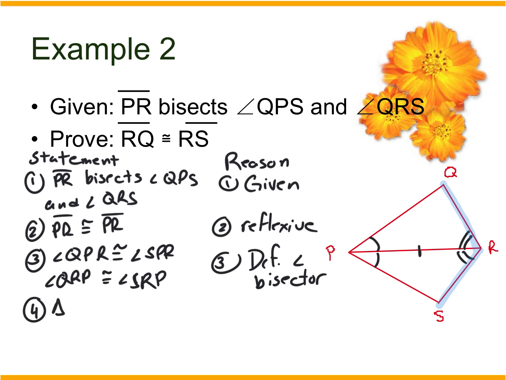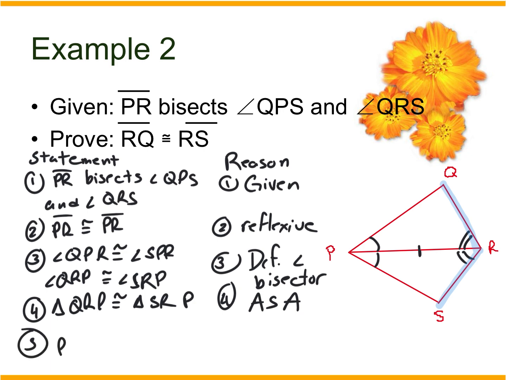So triangle QRP is congruent to triangle SRP by the angle side angle. And then lastly, because those two triangles are congruent, we can say that segment RQ is congruent to segment RS by CPCTC.